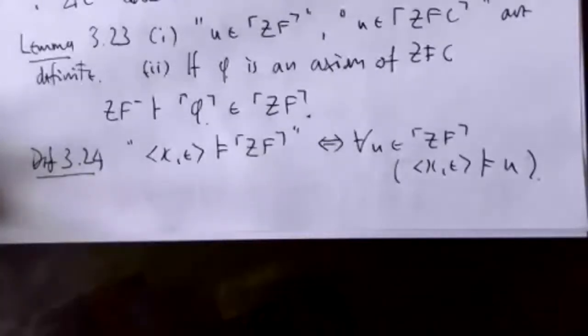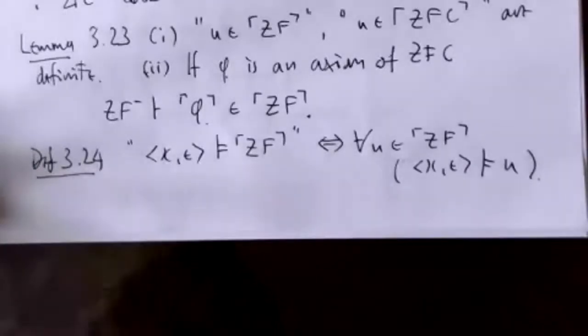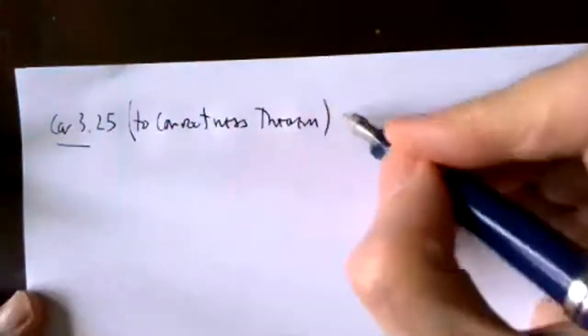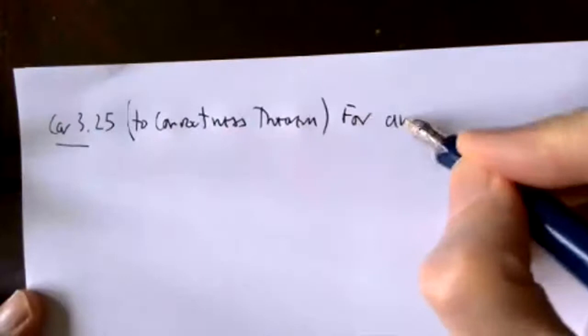So we have a corollary to the correctness theorem, 325. So again, it's a scheme.